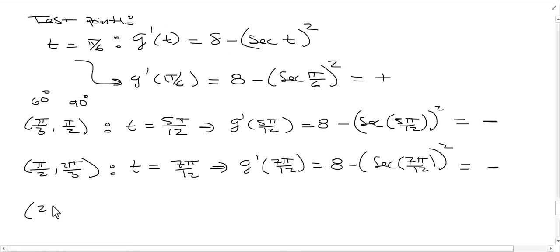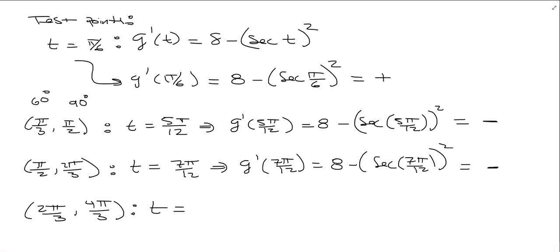So what about between 2 pi over 3 and 4 pi over 3? Right, what value of t could you pick? And this one's a little nicer because this is when you make the transition from the third quadrant to the fourth quadrant, so you can nicely choose pi as your test point.